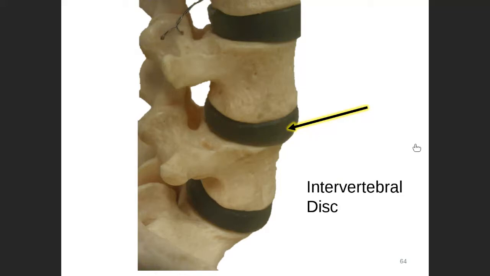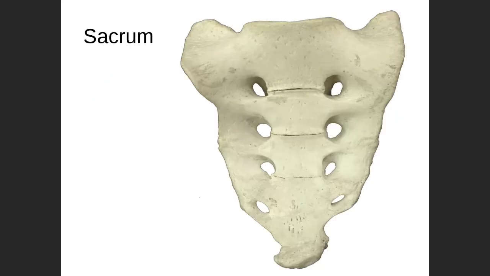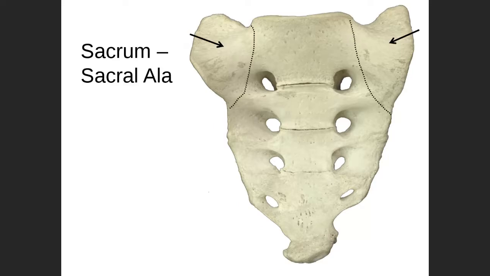Okay, almost done. Let's go into the sacrum here. This is a picture of the sacrum. This is an anterior view of the sacrum. This is a posterior view of the sacrum. Here's the sacrum again, all by itself. So on the corners of the sacrum, near the superior portion, that's the sacral ala, right here and here.